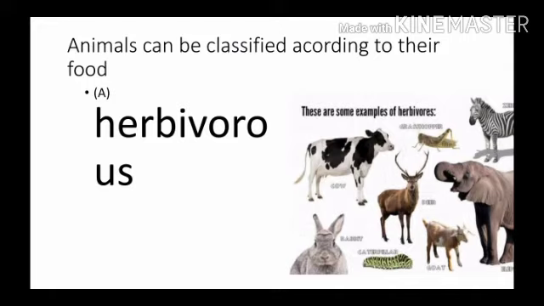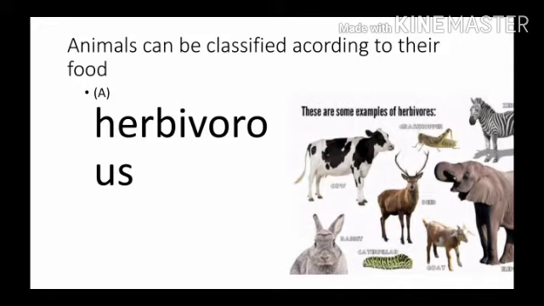According to the type of food, animals can be classified as herbivorous, carnivorous, omnivorous, scavengers and decomposers. First of all, the first is herbivorous animals. Herbivorous means what? The herbivores use plants directly as their food.